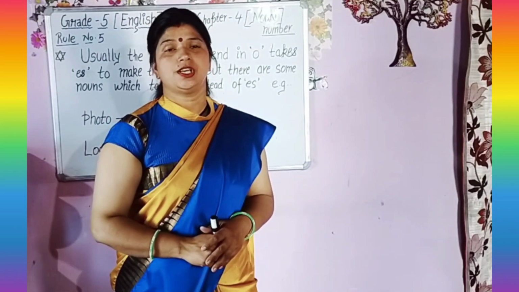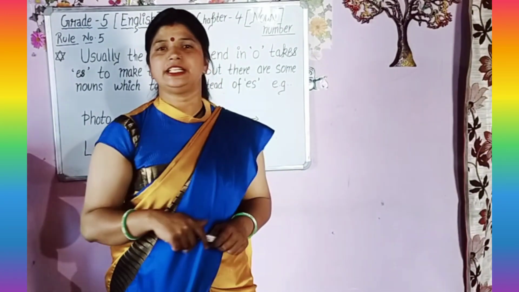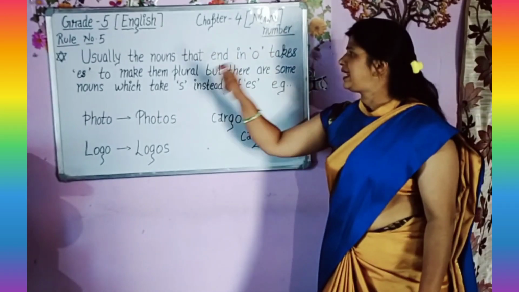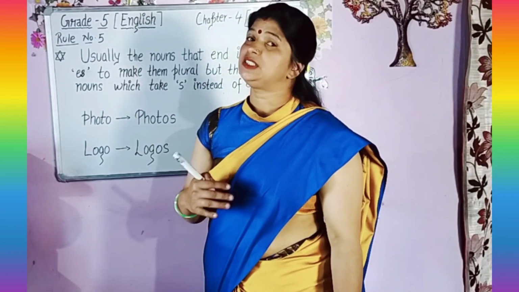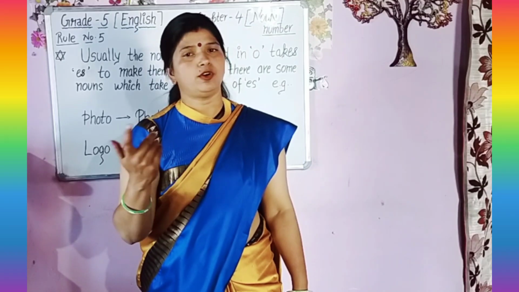Students, to change singular form to plural form, rule number 3 is that usually a noun that ends in o takes es to make it plural. My dear students, previously I told you that whenever any noun ends with o, then we use es at the end of that noun.